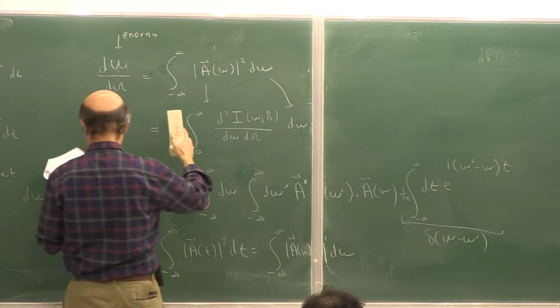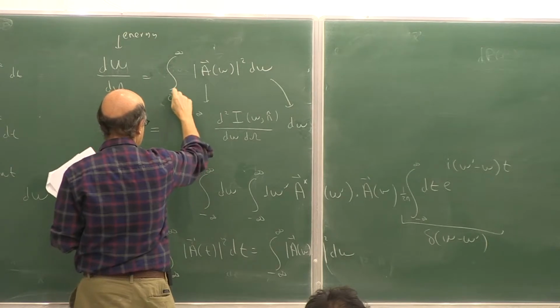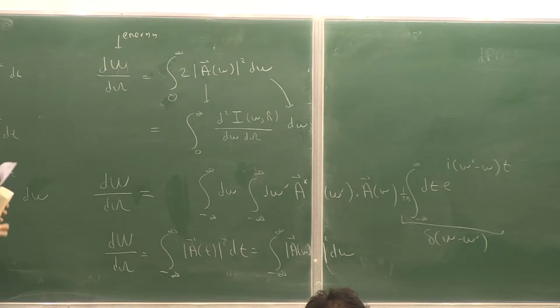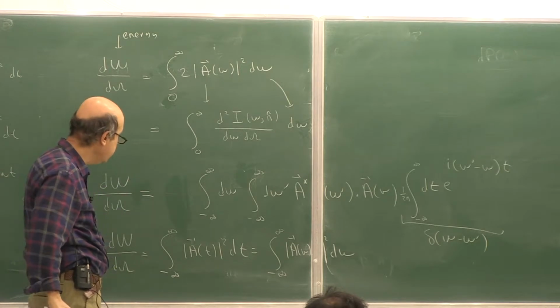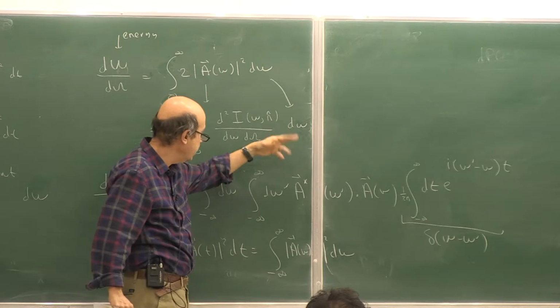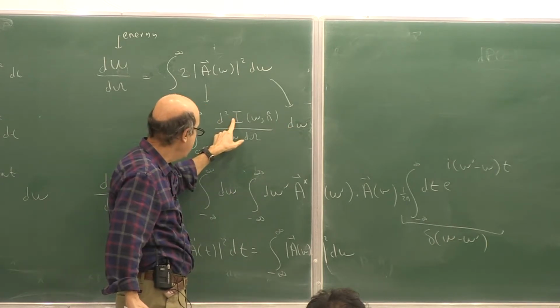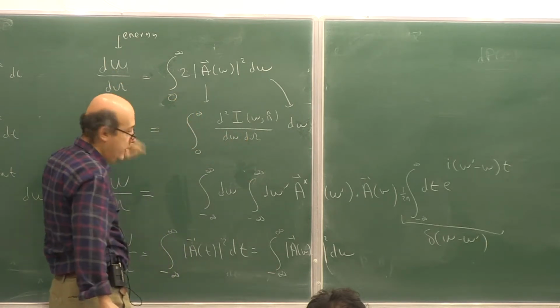And this is equivalent to 0 to infinity, 2 times of this. Instead of minus infinity to plus infinity, we write 0 to infinity with 2 times the integral. Is this the correct definition? Yes, it is. If you integrate this function, you will obtain dI over d solid angle, where I is nothing but the energy.